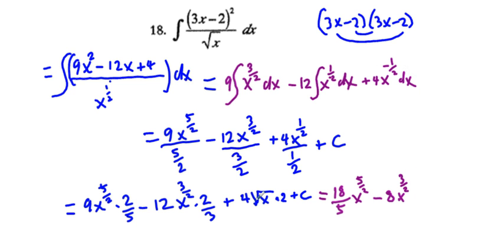And then we're going to have 4 times 2 is 8, so plus 8 x to the 1 half power, which is square root of x, plus our constant of integration c.